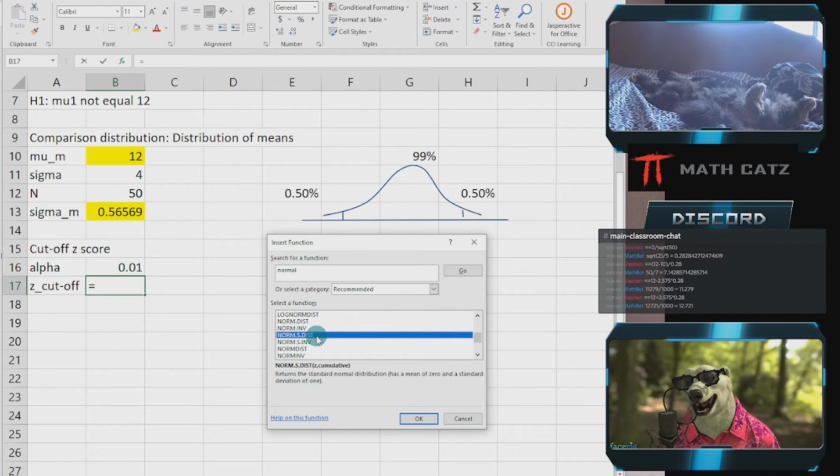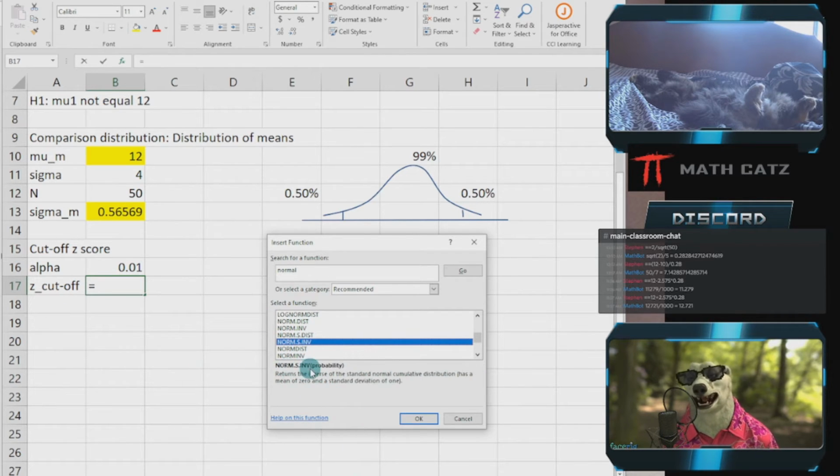The norm.s.dist returns the standard normal distribution, the probability or percentages, given the Z-score. No, that's not what I want. I'm looking for the Z-score.